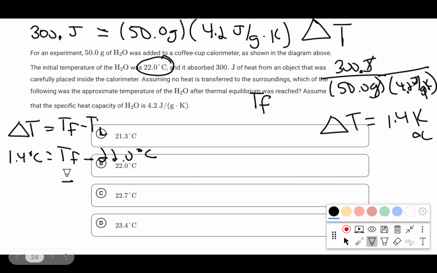To do that, I'm going to add 22.0 degrees Celsius to both sides. That'll cancel it over here. So then my TF is going to be equal to 1.4 plus 22.0. I can't even read my own writing.